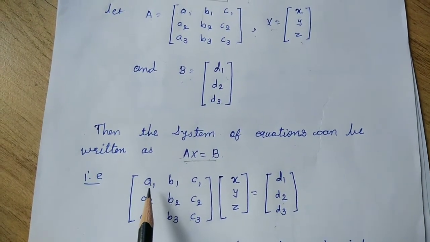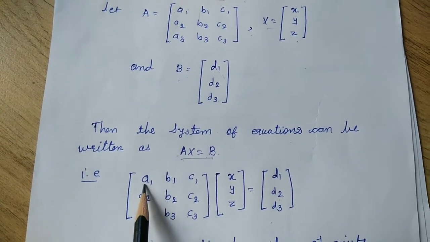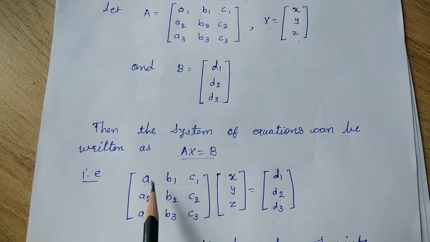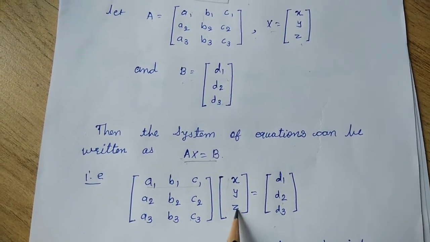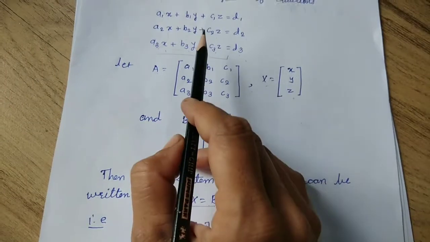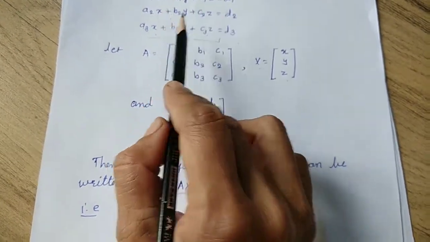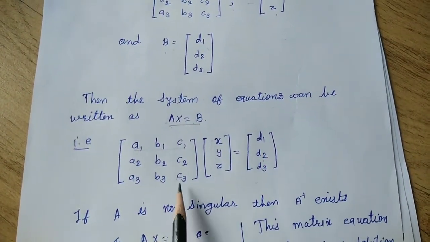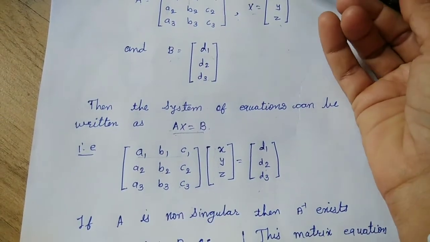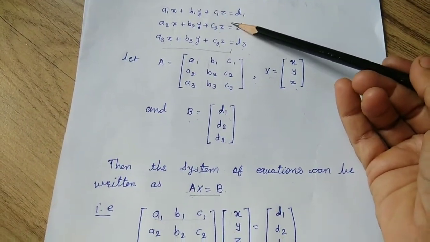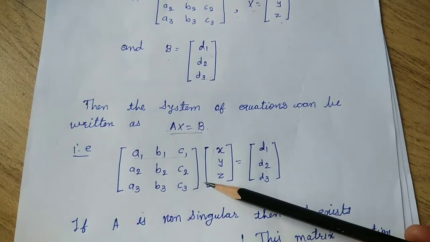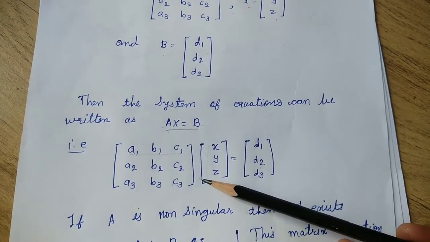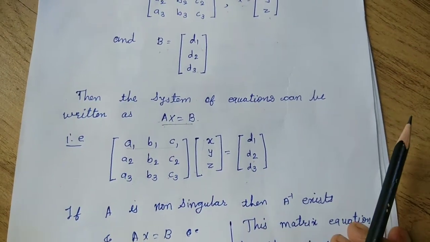You can see, students, multiply a1 b1 c1 into x y z, so a1x + b1y + c1z = d1. So this is our first equation. Similarly you can obtain the second and third. So your system of linear equations and this matrix equation are both the same. So now we have to solve this equation.